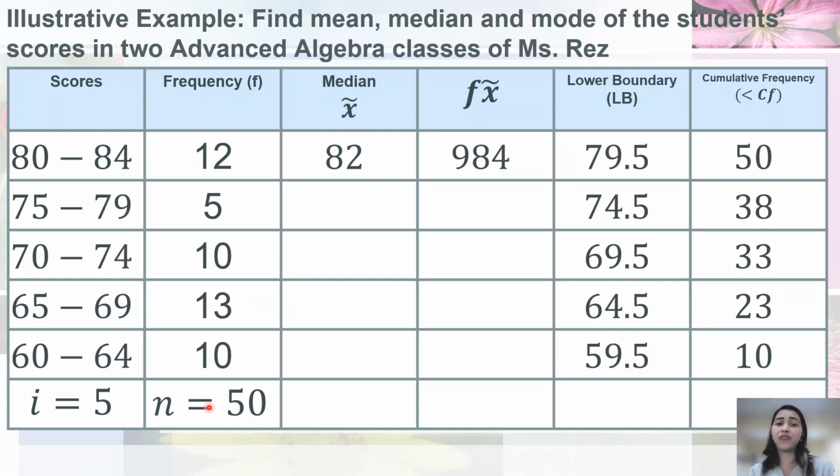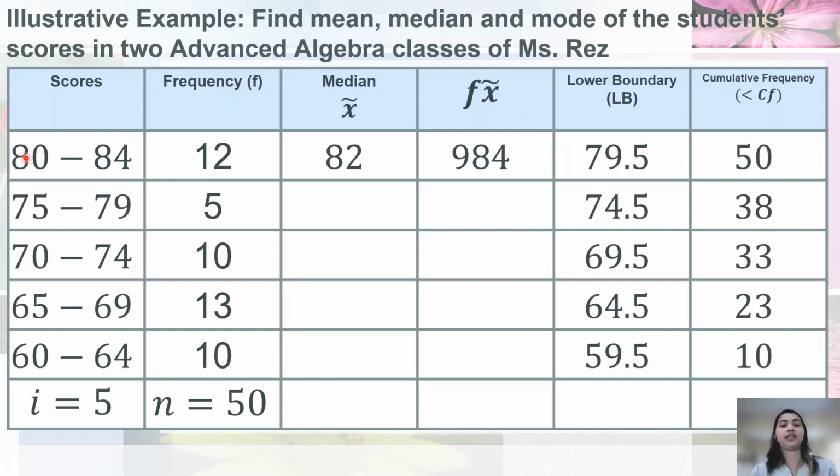How about finding the median? As you see here, it's given. But in order to get the median, we start from 80. 80, 81, 82, 83, 84. Among all those numbers from 80 to 84, what is the middle? That is 82.